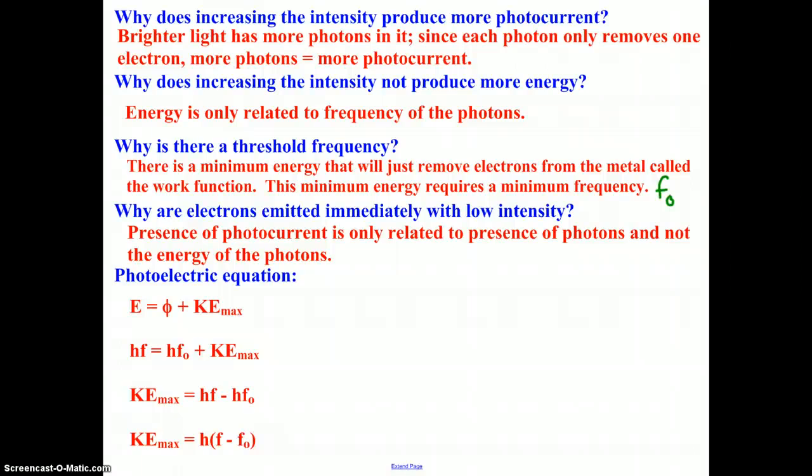Subtracting hf0 from both sides, we get KE max equals hf minus hf0. And then KE max equals h times the quantity f minus f0, which simply distributes out Planck's constant. And we call that the photoelectric equation. That concludes our discussion on the photoelectric effect. Now on to solving problems.